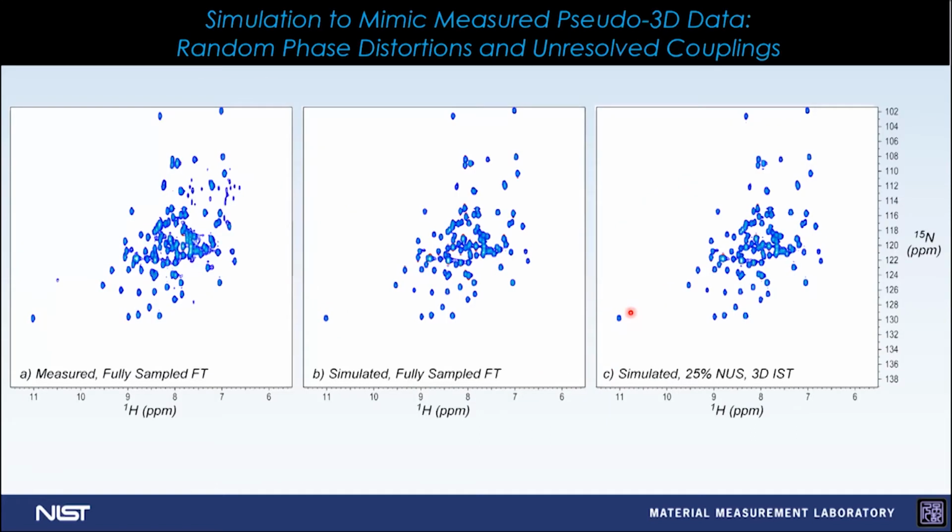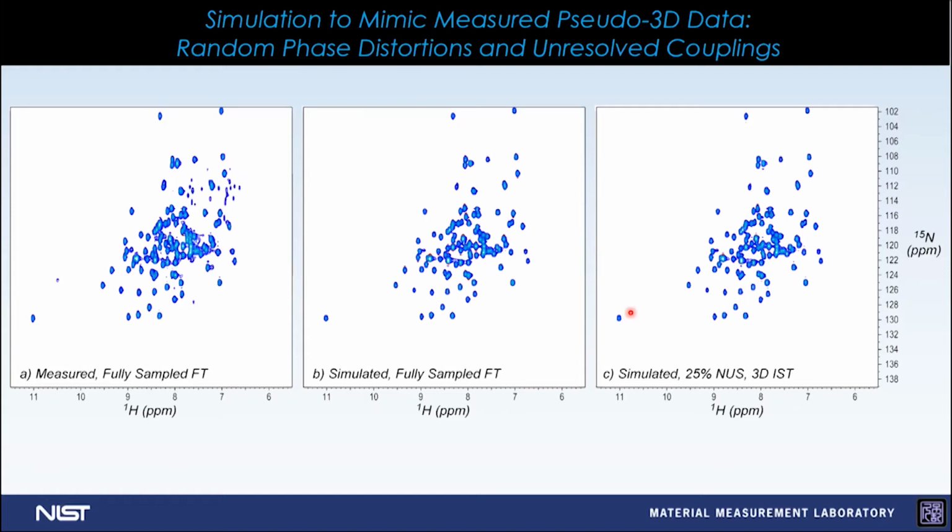In order to characterize the behavior and performance of this method, and to see which particular sampling strategies and measurement parameters would give the best results, we prepared simulated data that mimics the experimental data that we just looked at.